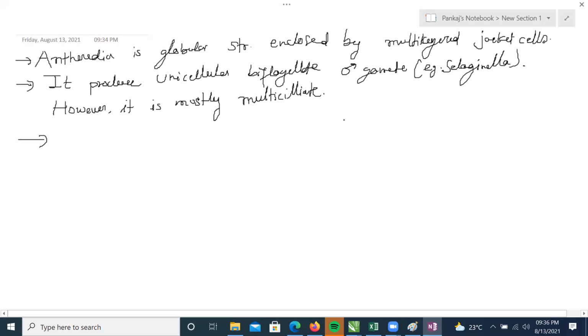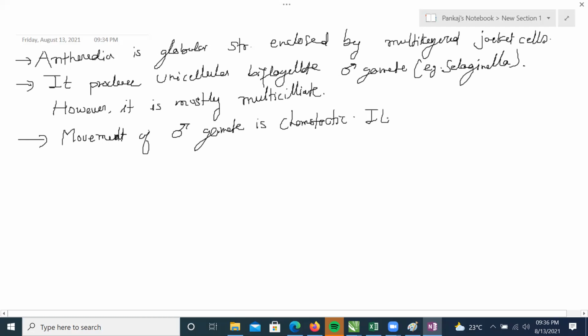Now you see the movement of male gamete is chemotactic. Okay. Chemotactic, that means it is under the influence of some chemicals, right?